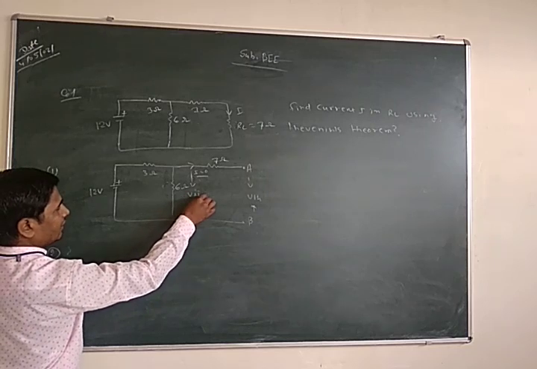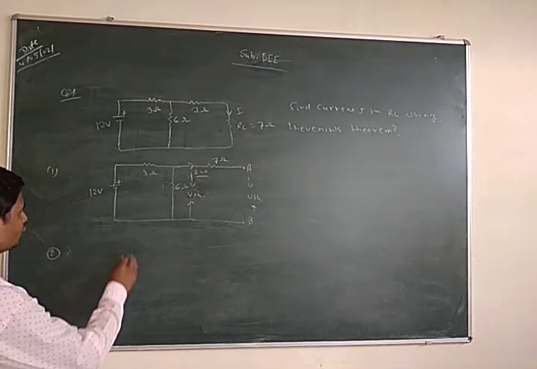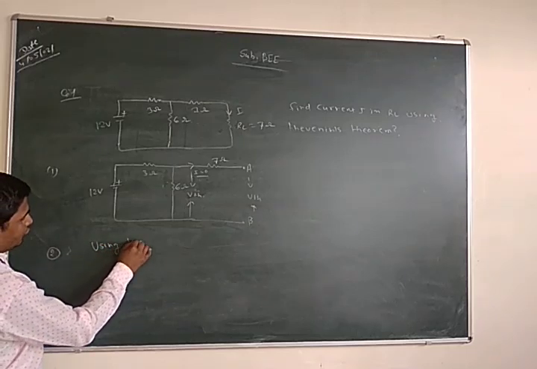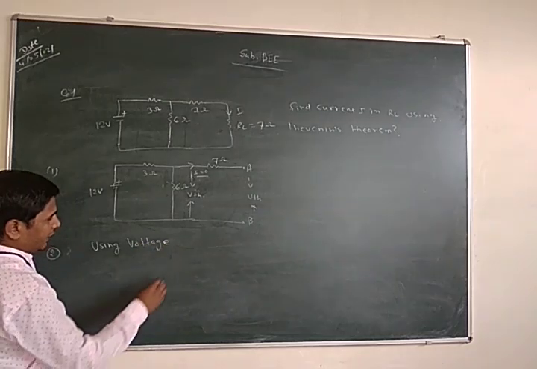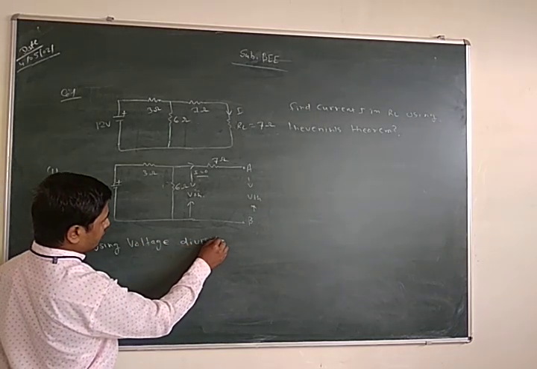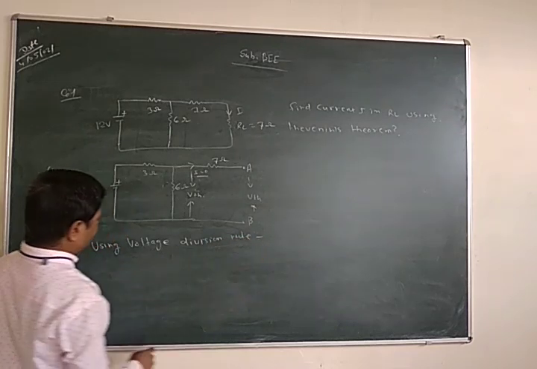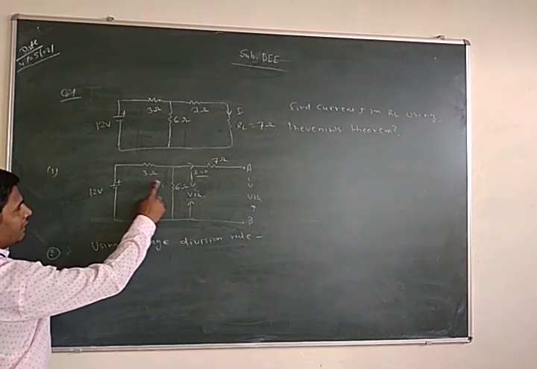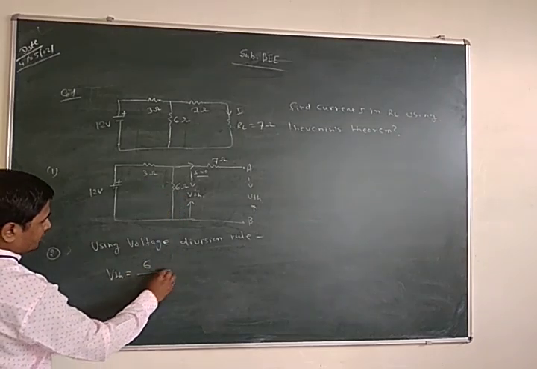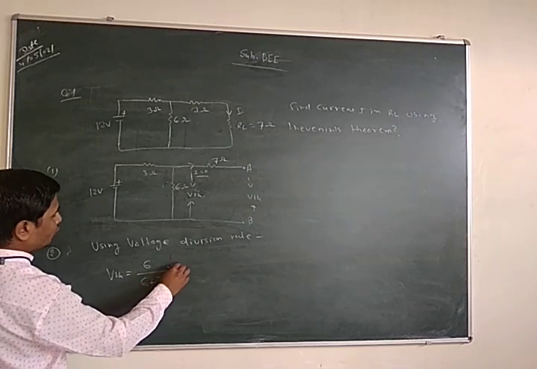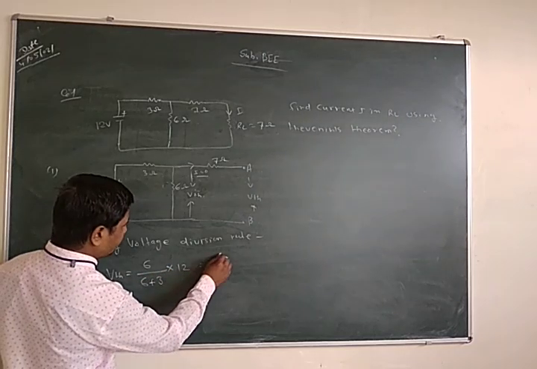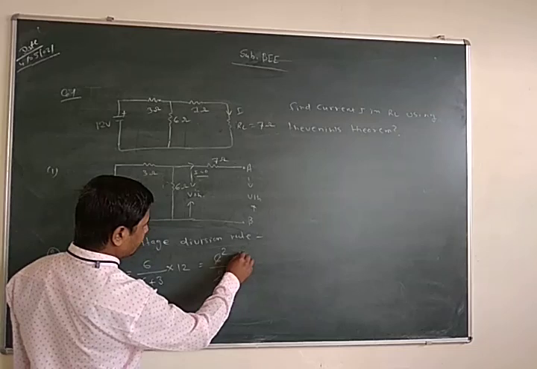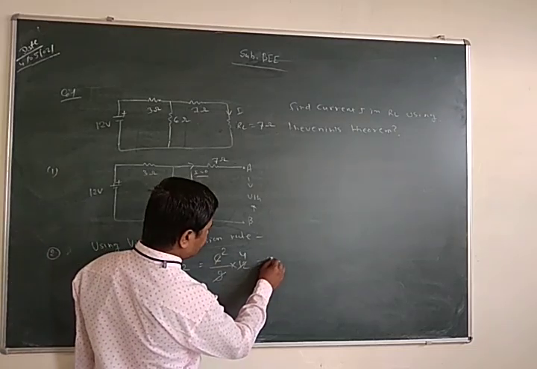So using the voltage division rule, VTH is equal to 6 divided by 6 plus 3 into 12, that is 6 upon 9 into 12, that is 8 volt.